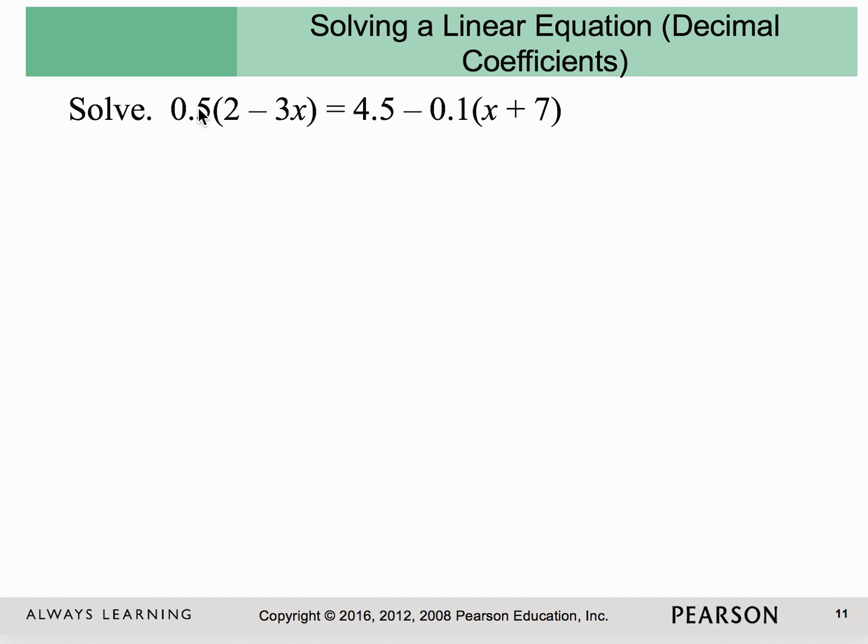But with a decimal, what I want to do to get rid of the decimals, aka get rid of the fractions, is look at all my decimal values and see how many digits they have behind the decimal. These all have 1. So I'm going to move the decimal over one place.